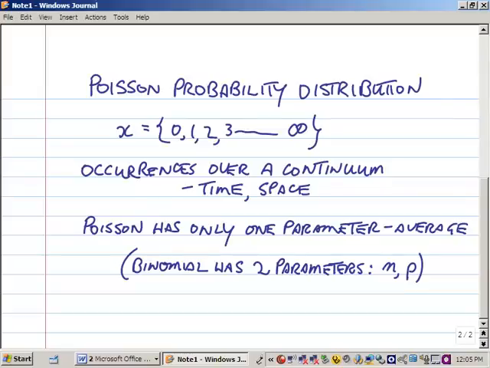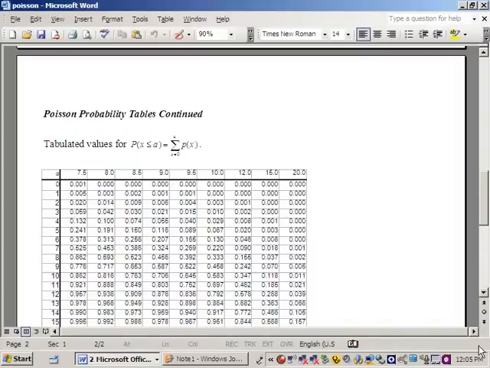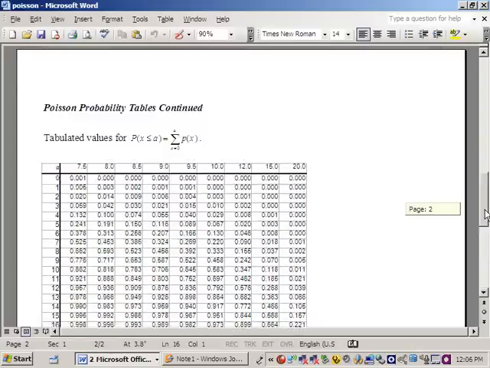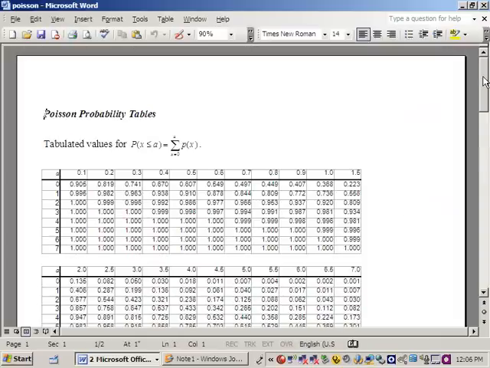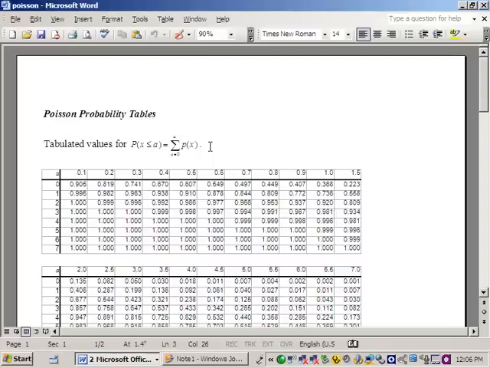Let's have a look at the Poisson tables, and you'll find that they have a look very similar to that of the binomial. Just like the binomial, this is a cumulative distribution, so it gives you the probability of x less than or equal to some number a.